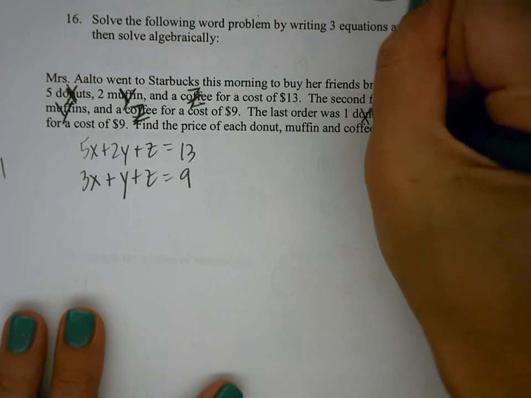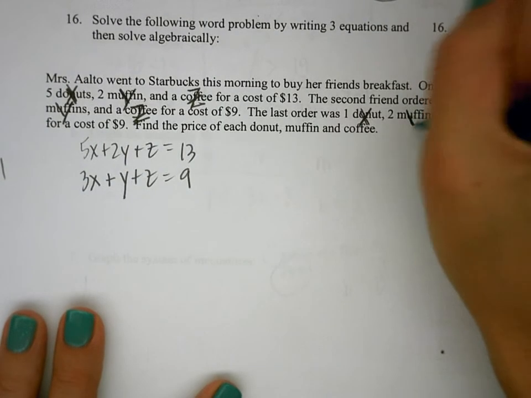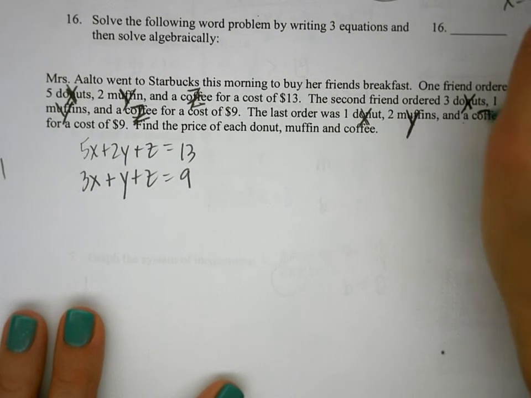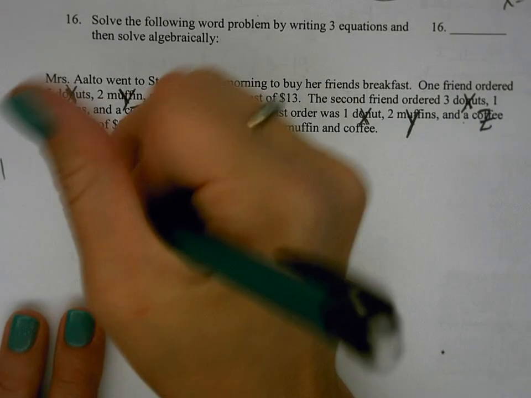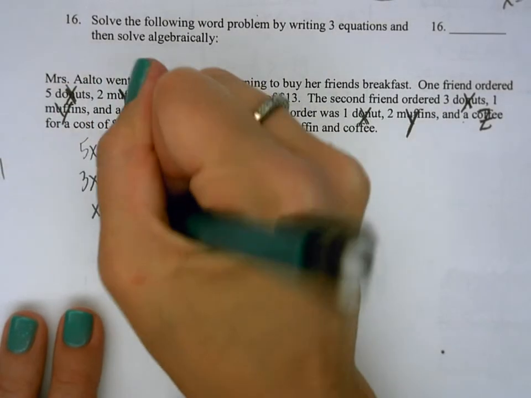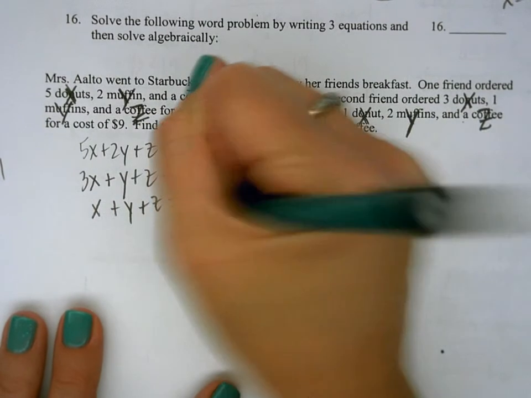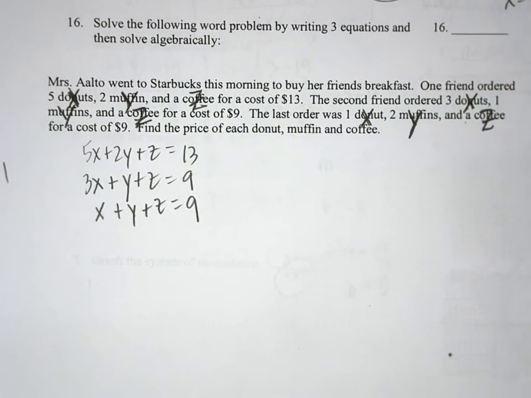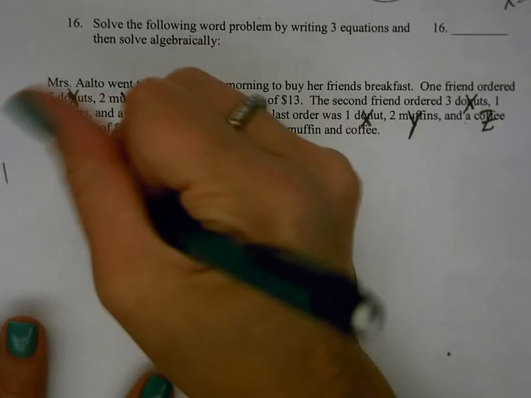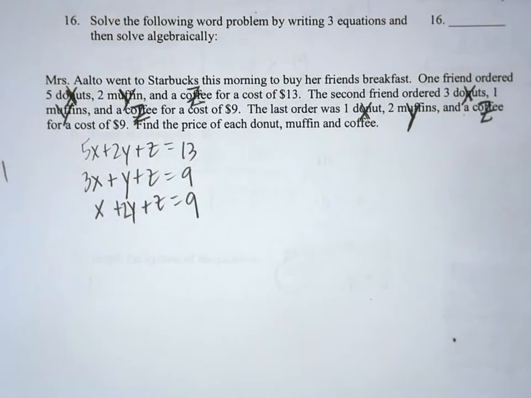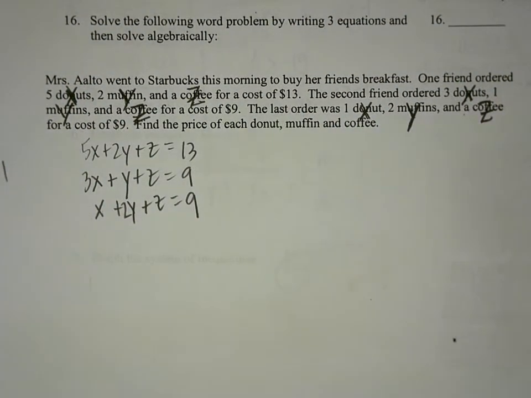Okay, so we have x, y for muffins, z for coffee, and that one was also $9. Is there 2 y's? Yeah. Thank you. You're right. Okay, so what's the easiest variable to get rid of, do you think?